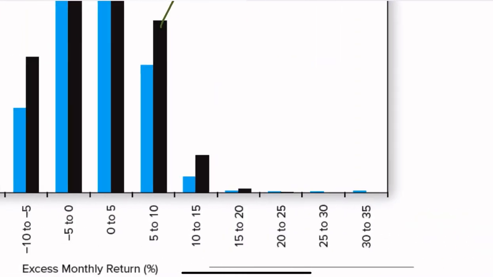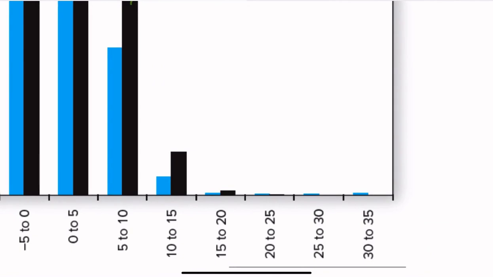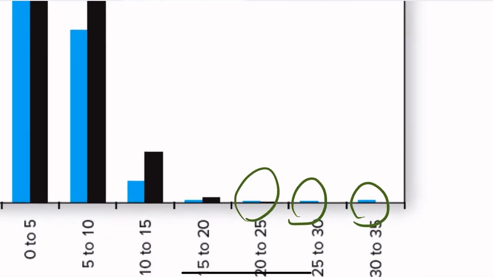And if you look at the positive returns, again you have these blue bars, but the black bars have disappeared, which means you have some positive probability of getting extreme positive returns. However, under the assumption of normal distribution, the probability is almost zero.